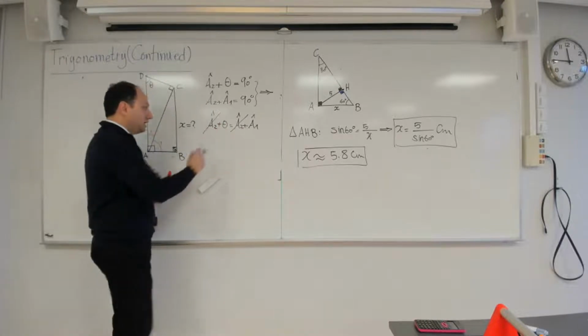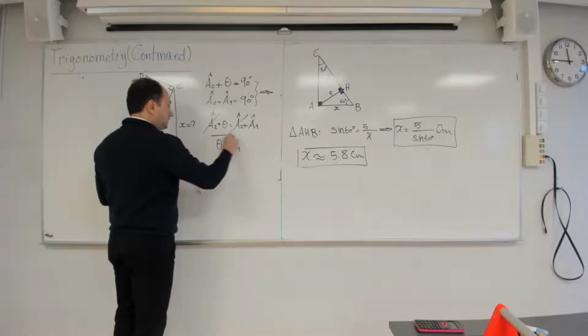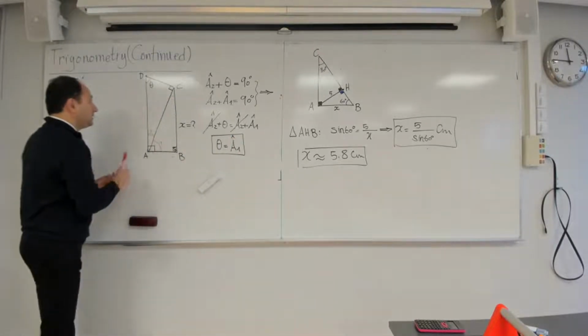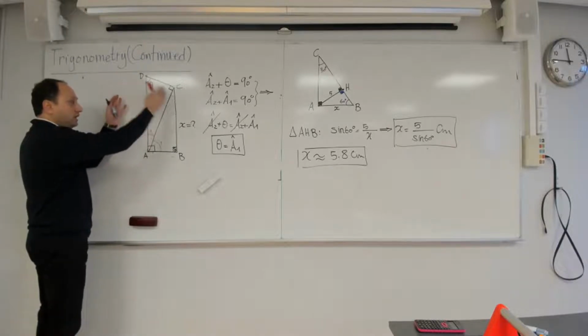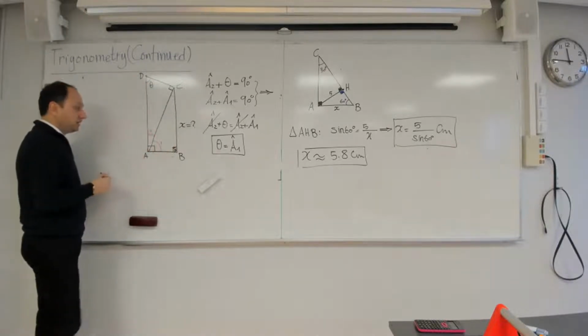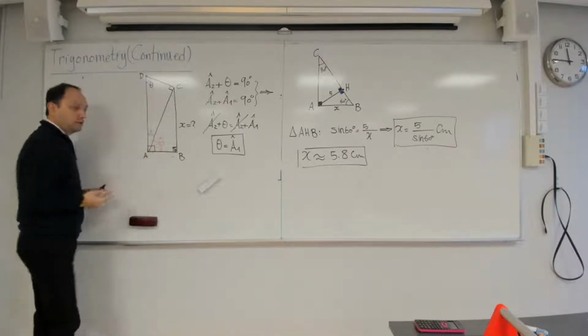What is left is theta equal to A1. So if someone tells me that this angle is theta, by just looking at the geometry in the picture, I can realize that I can name this one theta as well.